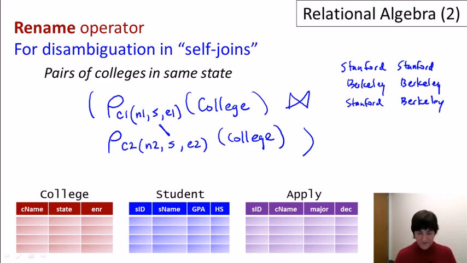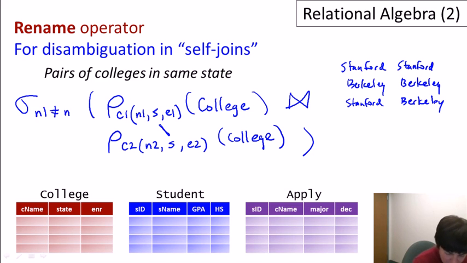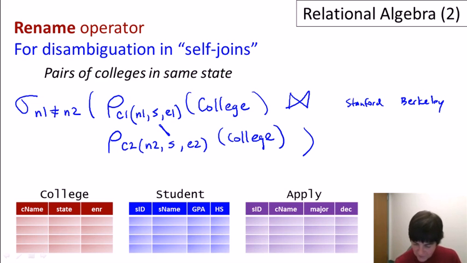Presumably, we actually want different colleges, but that's pretty easy to handle. Let's put a selection condition here so that name 1 is not equal to name 2. Great, we took care of that. So in that case, we will no longer get Stanford, Stanford, and Berkeley, Berkeley. But there's still one more problem. We'll get Stanford, Berkeley, but we'll also get Berkeley, Stanford.